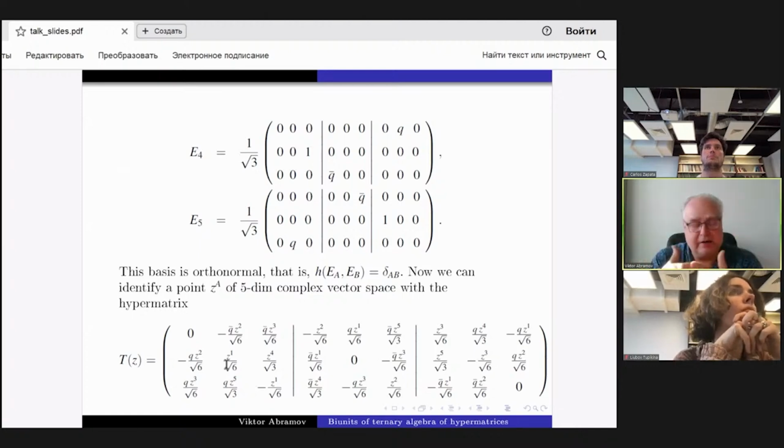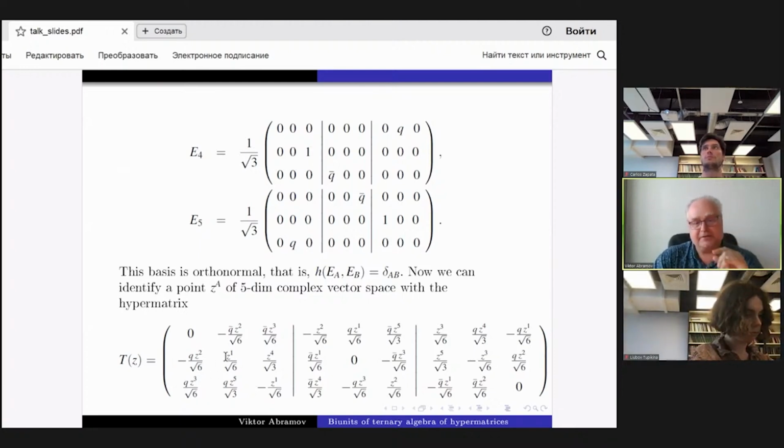So now I have an identification, and for me it's very interesting because motivation comes from the ternary generalization of the Pauli exclusion principle, which potentially holds in a quark model. And now I have a very interesting geometric space, a 5-dimensional complex space. Each point of this is a hypermatrix, some kind of cube, some kind of cube structure. So, and I think maybe this is an adequate geometry for the quark model.